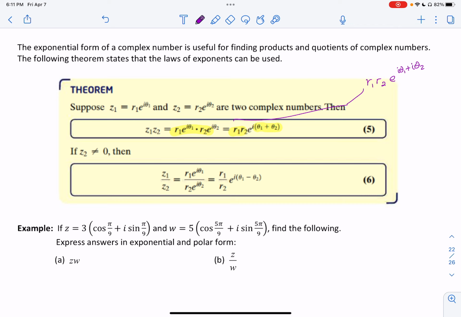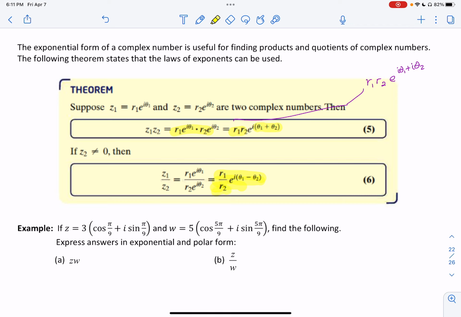If I'm dividing, and assuming that my complex number z2 does not equal 0, which is always a good thing, don't divide by 0, then we have r1 divided by r2, and we subtract those exponents.